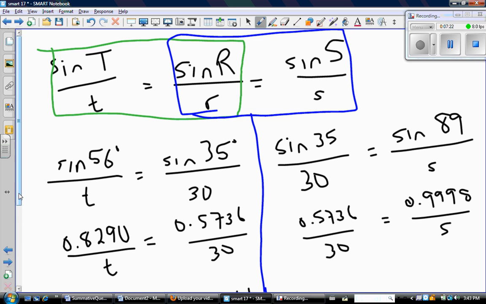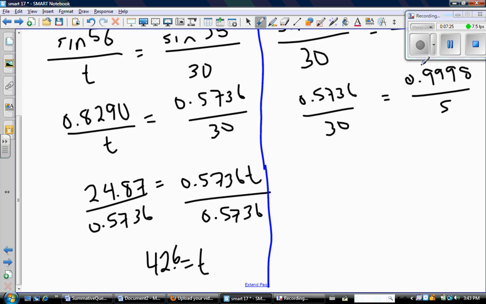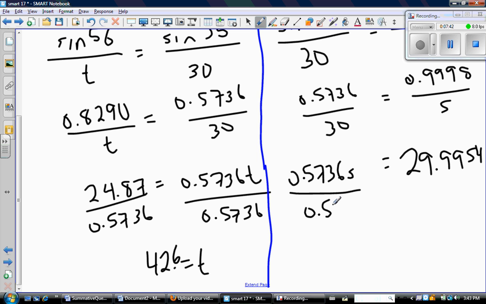So 30 times 0.9998 is 29.9954, and 0.5736 times S is just 0.5736S. Dividing by 0.5736, I get a value for S of 52.3 centimeters.